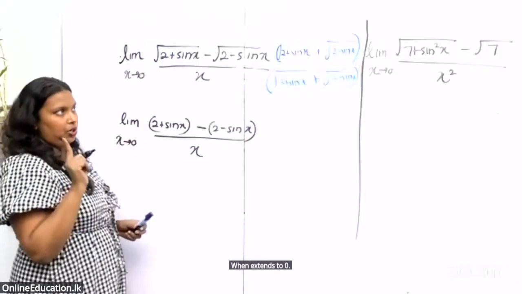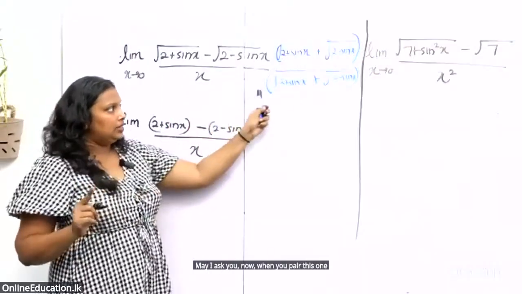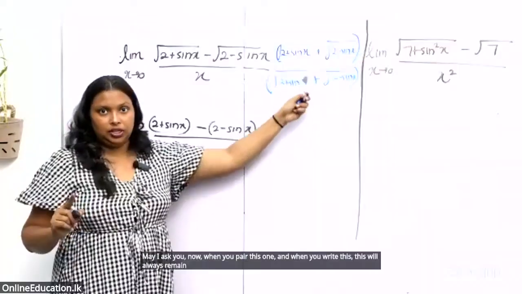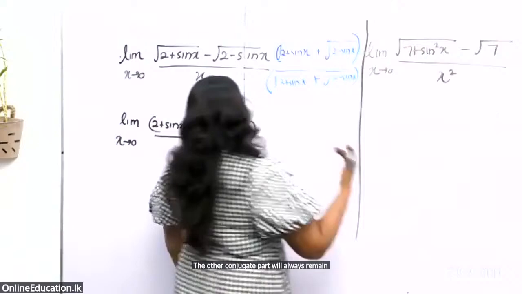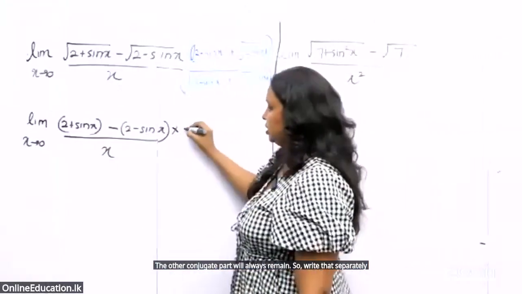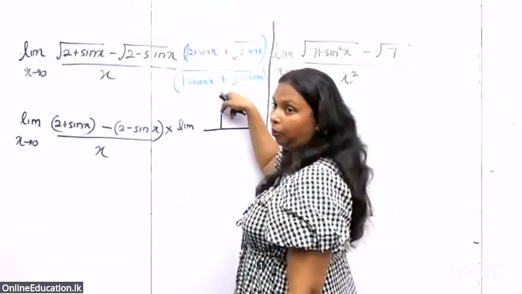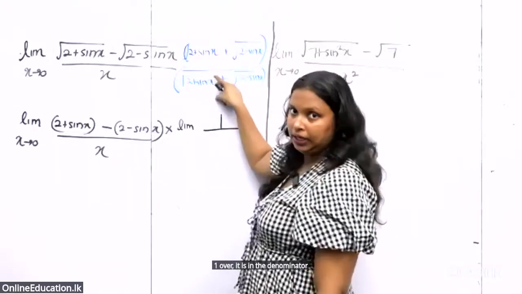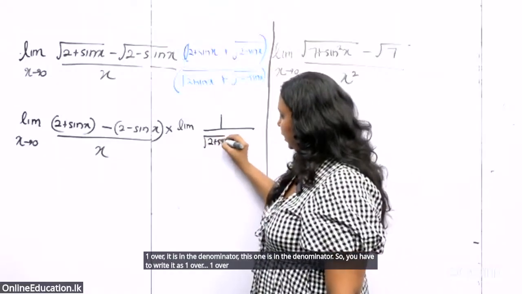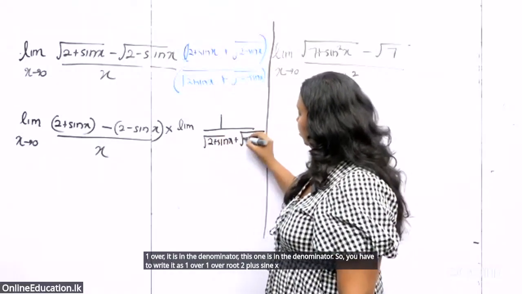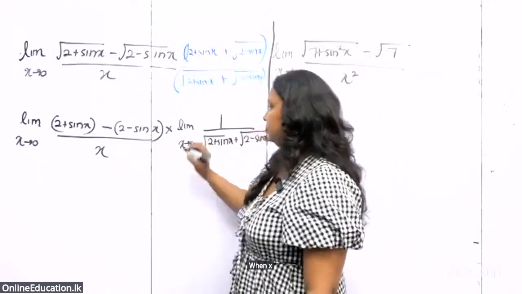Clear? Then, when you pair this one, the other conjugate part will always remain. So write that separately as a multiplication. See, limits of 1 over, it is in the denominator, no? This one is in the denominator. So you have to write it as 1 over root 2 plus sin x plus root 2 minus sin x when x tends to 0.